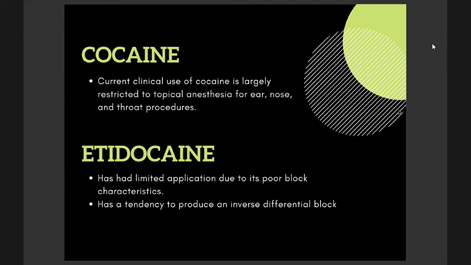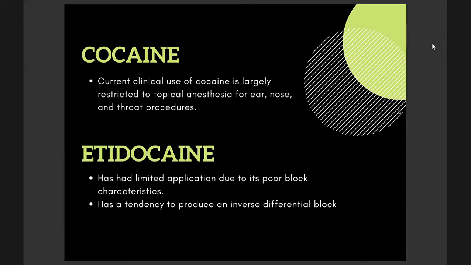So that is the first being used. Cocaine was used clinically as a topical anesthetic of the eye by Carl Koller. That is why Carl Koller is considered to be the father of local anesthesia, because he was the one who first discovered the first local anesthetic, which is cocaine.